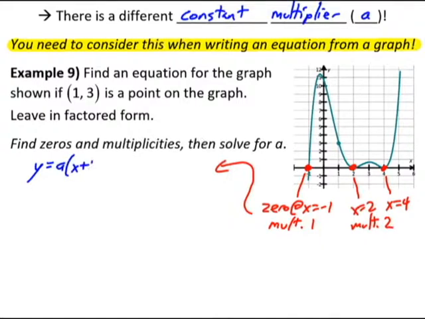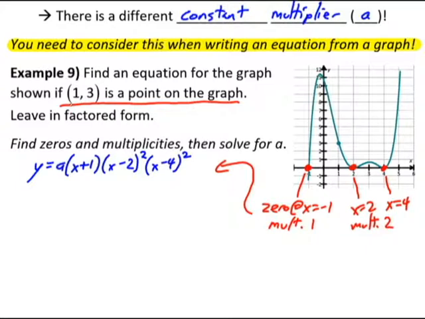x minus -1, x minus 2, here's our multiplicity, x minus 4, also with multiplicity. We have one piece of information that we haven't used yet. There's a point that we're given on the graph. That's how we're going to solve for a.